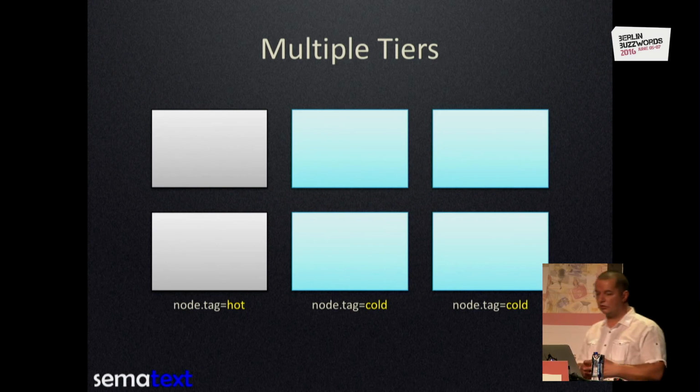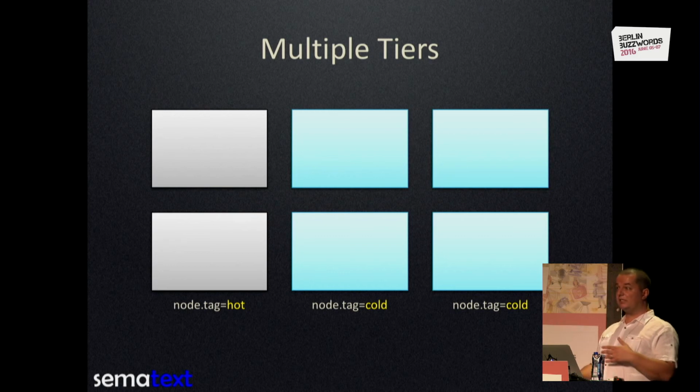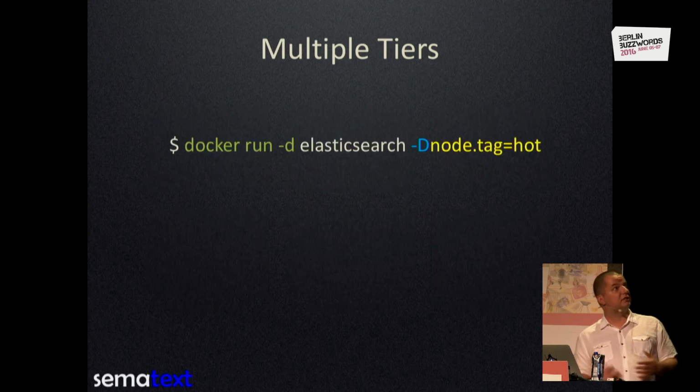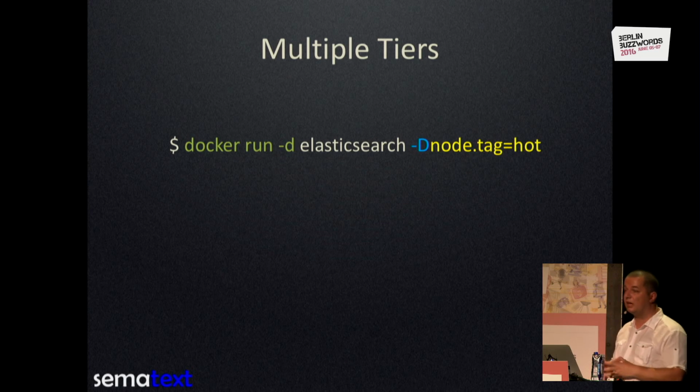However, instead of putting different hardware there, we can put different constraints on our containers and just say, hey, Elasticsearch -d node.tag equals hot.